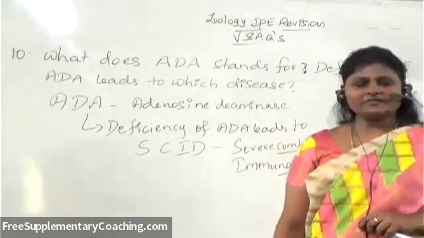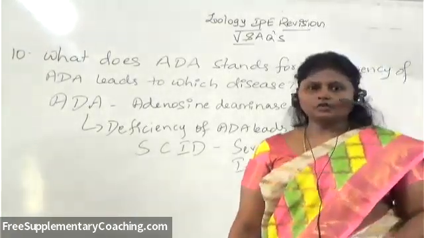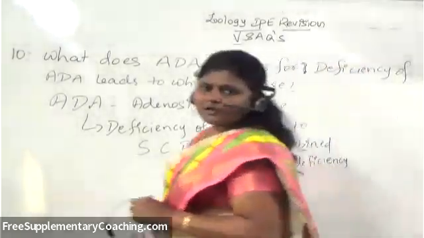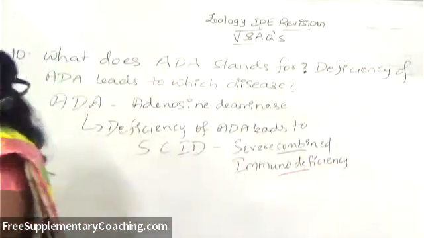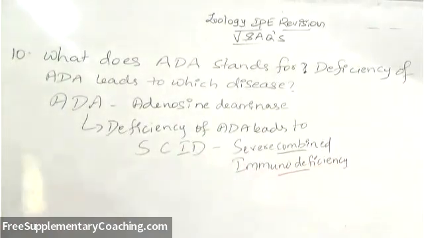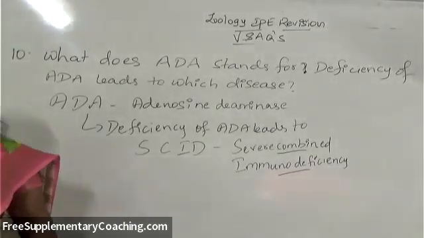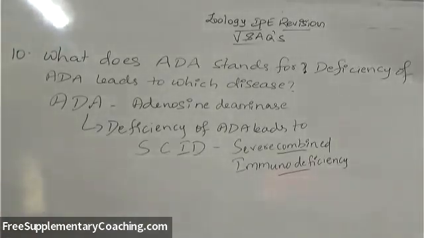And whenever specific lymphocytes are not there, the immunity will become lowered so that people will easily get diseases, any kind of infection. So deficiency of ADA leads to SCID, severe combined immunodeficiency. For ADA 1 mark and for SCID 1 mark. Totally 2 marks you will get when you write this answer.